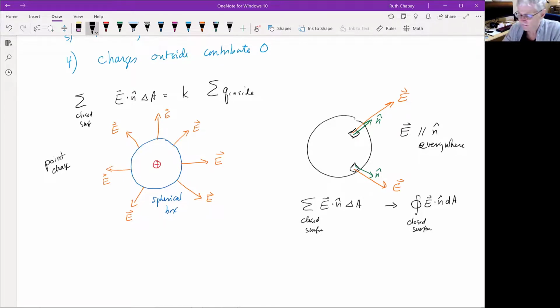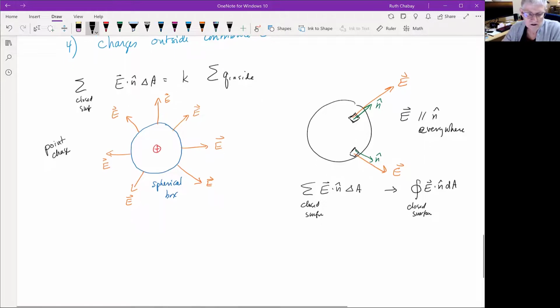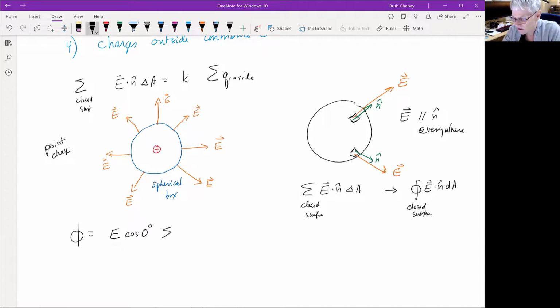So, in fact, the electric flux is the integral of E dot n hat dA, and that's just the magnitude of E times the cosine of 0 degrees for every little piece, times the sum of all these delta A's, which is E times 1 times, well, what's the surface area of a sphere?